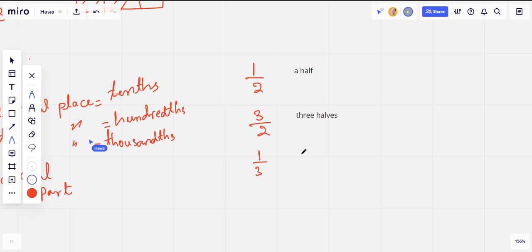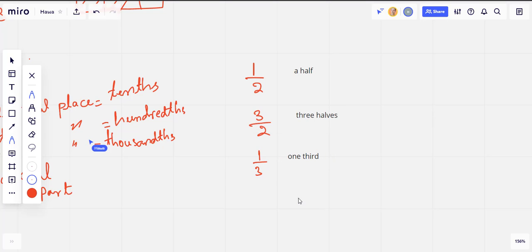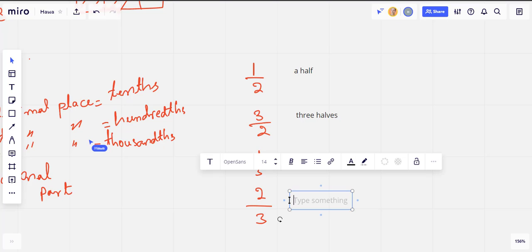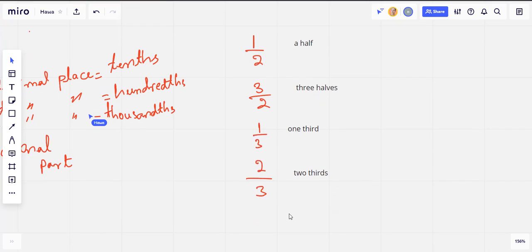So 1 over 3 can be said or written as 1/3, a third. And if the numerator is more than 1, then we need to use the plural, thirds. Let's say it's 2 over 3, so we write 2/3, 2 thirds, the plural of third. So for 2 and 3 it's done.